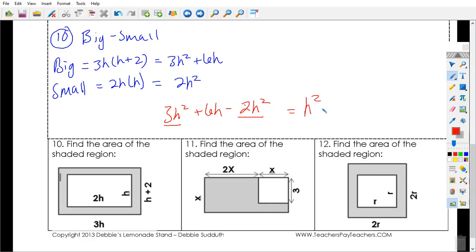Just h squared. So h squared plus 6h would be our shaded region. You can't go any further unless you know the value of h. And do we know the value of h? No. We only subtract exponents when you're dividing the variables.